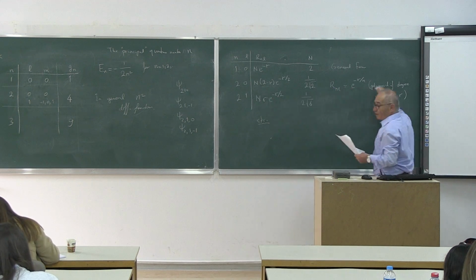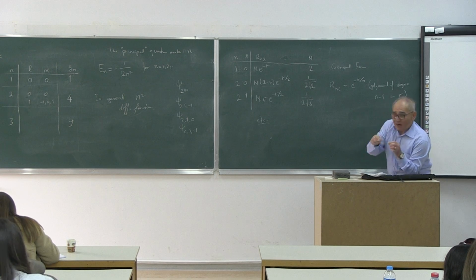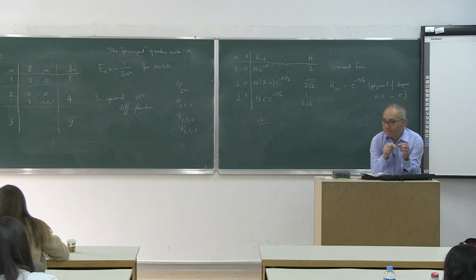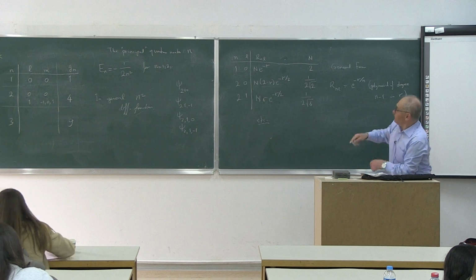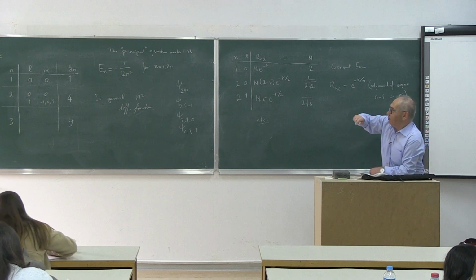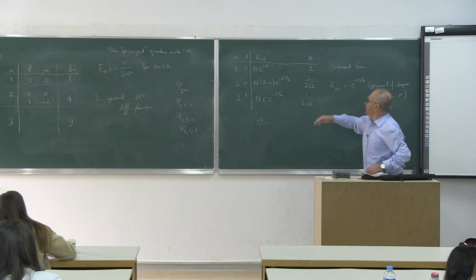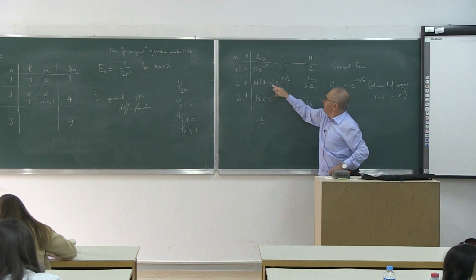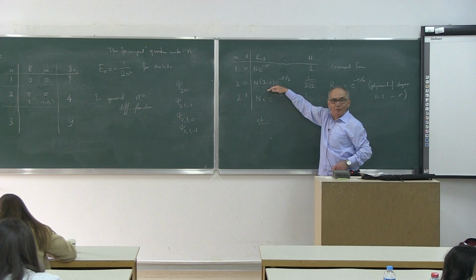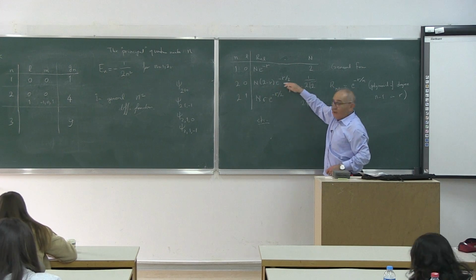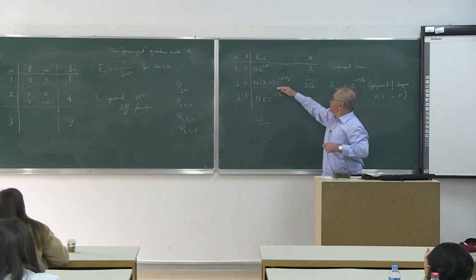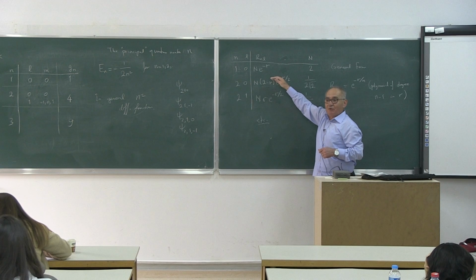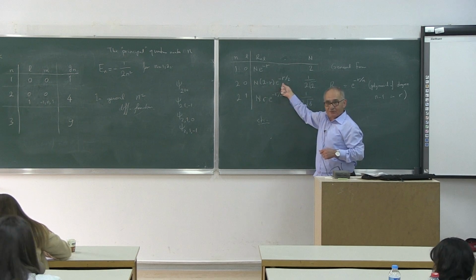But this is the general form. Please remember that r ranges from 0 to infinity. r is the polar variable. For r becoming infinite, the exponential factor kills all the polynomials, which means when r becomes very large, all of these functions have 0 value because of the exponentials.